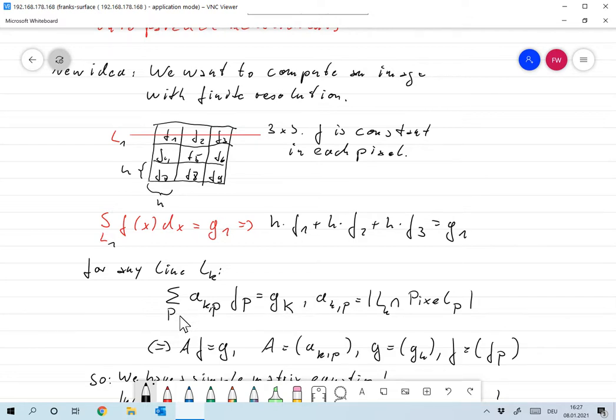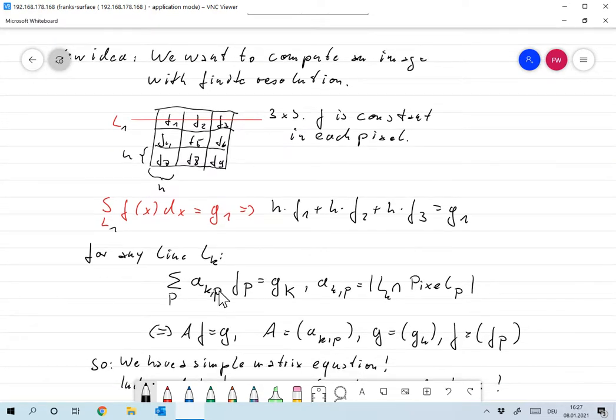So we get the sum over all p of a_kp times f_p equals g_k, where a_kp is the length of the intersection of the line with the pixel. Again, this is just the contribution of the pixel p to the line integral along L_k. Okay, so that's pretty straightforward.